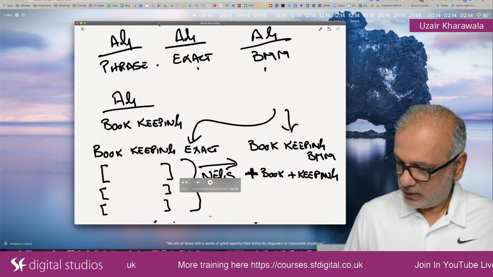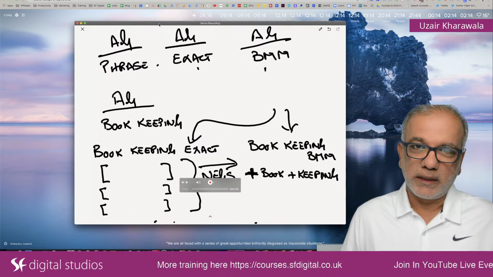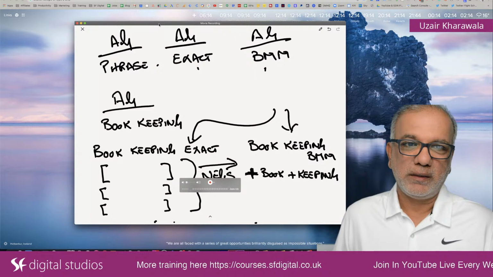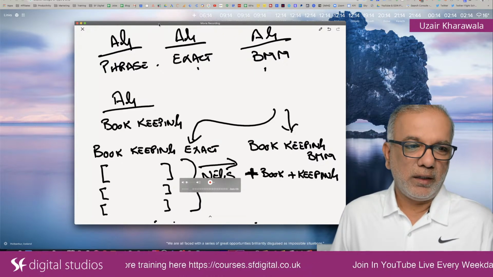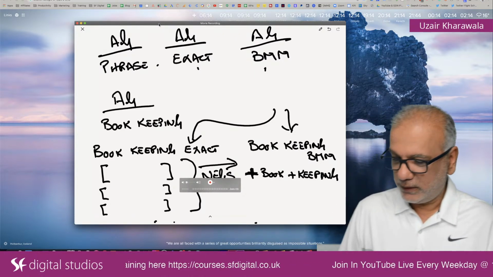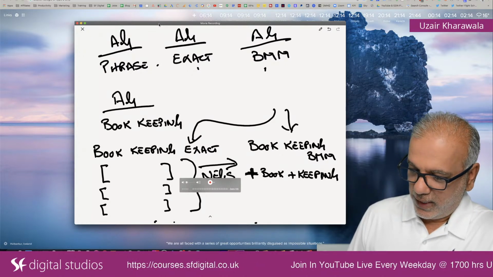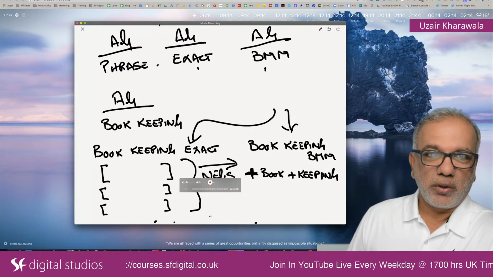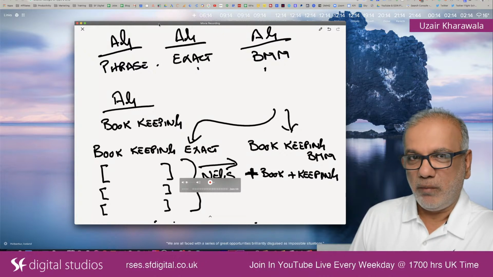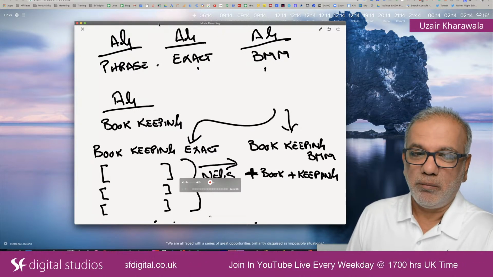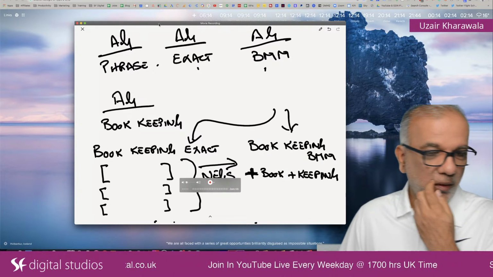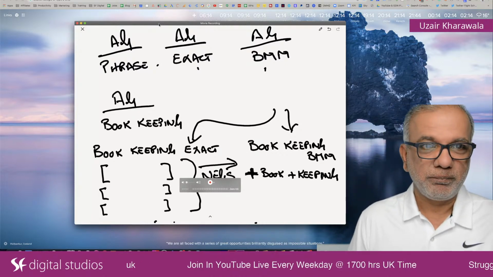Okay, so this is how we would structure our account: campaigns, ad groups, and the keywords. And obviously each ad group will have its own ad. So the ads for the bookkeeping exact and the bookkeeping BMM would pretty much be the same, because it's the same exact keyword which we use.